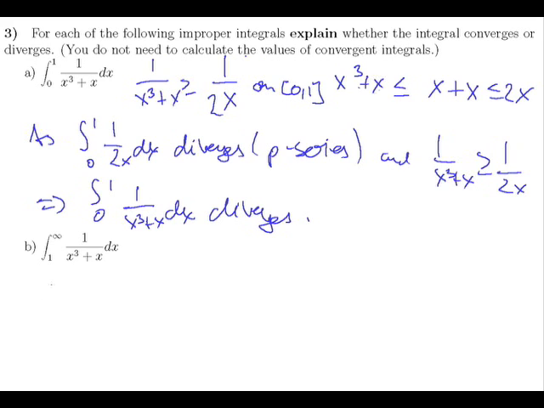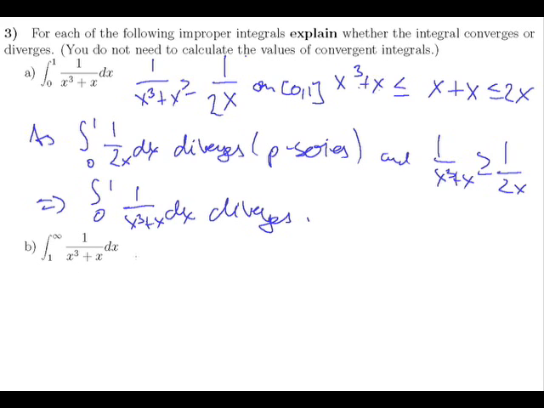For part B, we have the same integrand, but now our integration domain is from 1 to infinity. Again, we want to compare. However, now we are at x goes to infinity. If we look at this, 1 over x cubed plus x for large values of x basically behaves like 1 over x cubed.